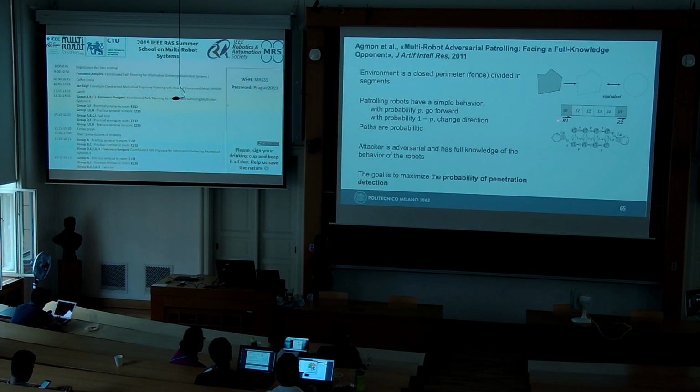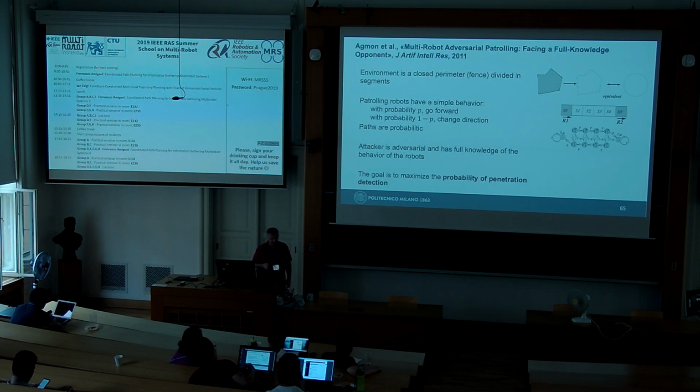So they can move forward with probability P, and they can go back with probability 1 minus P. Okay, so at every time step, they will decide if they will continue or they will turn back. In both cases, they will always stay in their assigned segments. Okay, so if they are at the extreme of the segment, they will for sure come back. So the paths that result from this approach are probabilistic. So okay, it's like a random path.